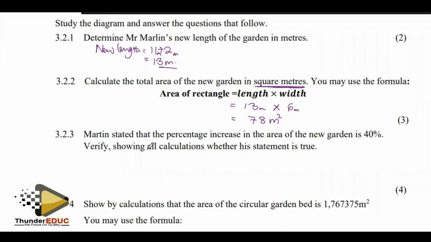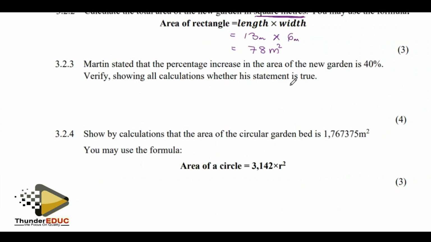We go to 3.2.3. Mr. Malin stated that the percentage increase in the area of the new garden is 40%. So how are we going to get this?